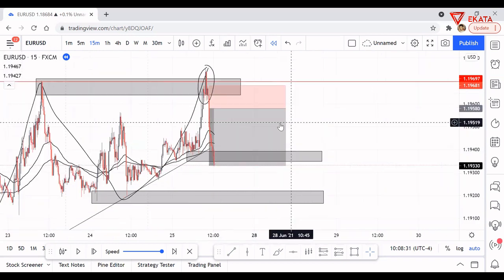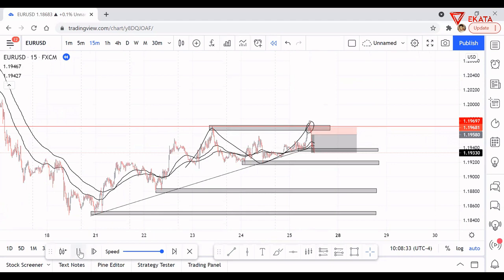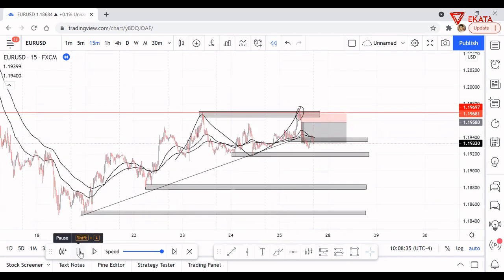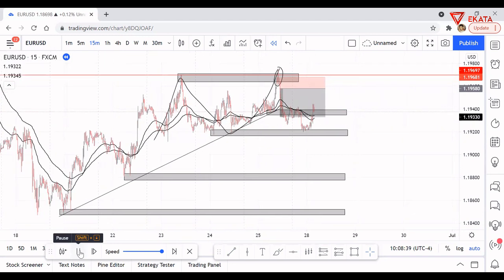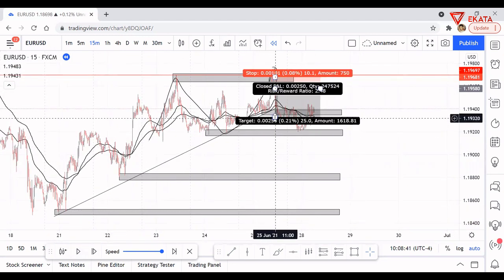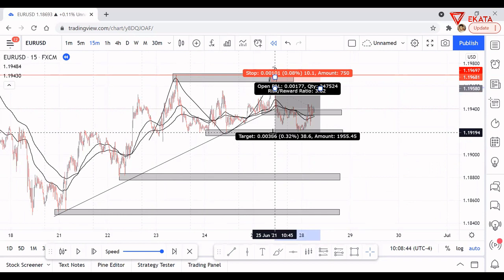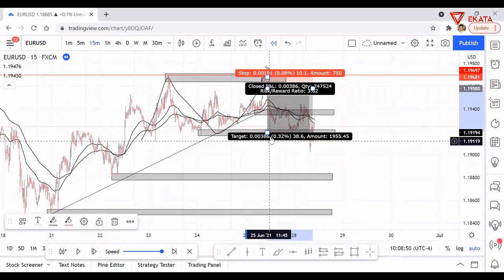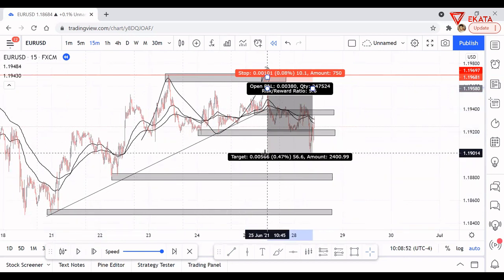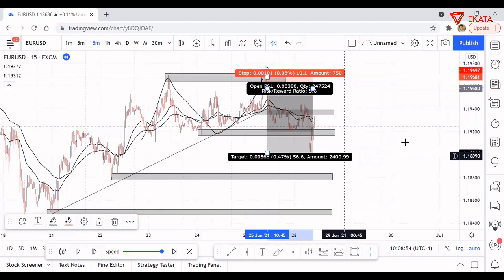Let's see what happens. Are we allowed to hold this? Why, yes, we are. So you can see that overall it went about 38-ish, give or take pips, right? And it's currently floating, and now it drops even more. It goes about 55, 56, right?